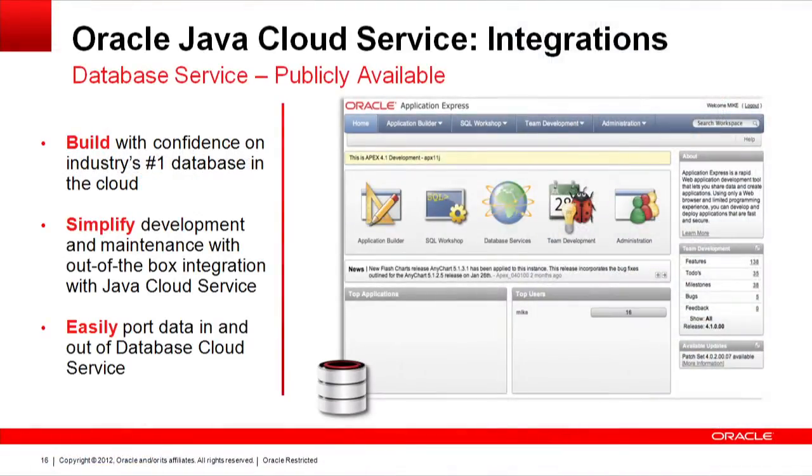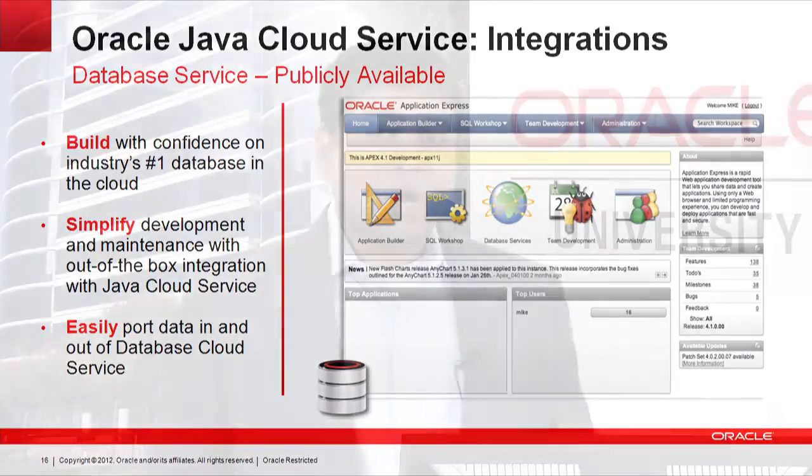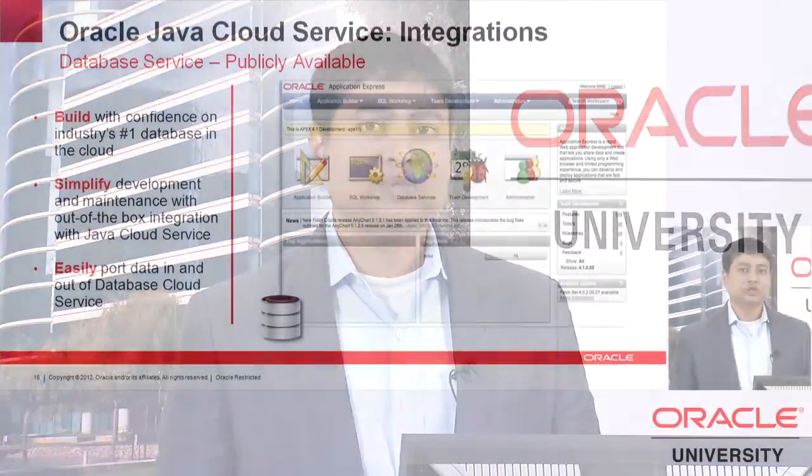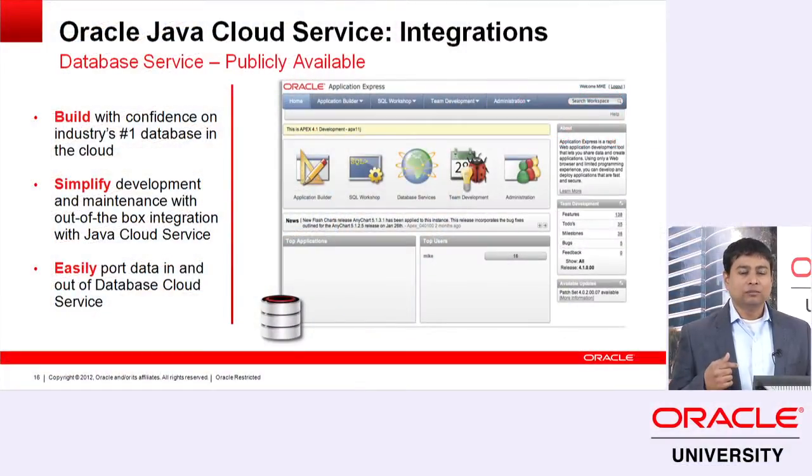The key thing about Java Cloud Service and other services within the Oracle Public Cloud is the integration that it comes out of the box with. So, for example, with Database Cloud Service, once you buy a Java Cloud Service and in the same environment you buy a Database Cloud Service within the same tenancy, we will let you associate them, which means we will let you say this Java Cloud Service and this Database Cloud Service are part of one application space.